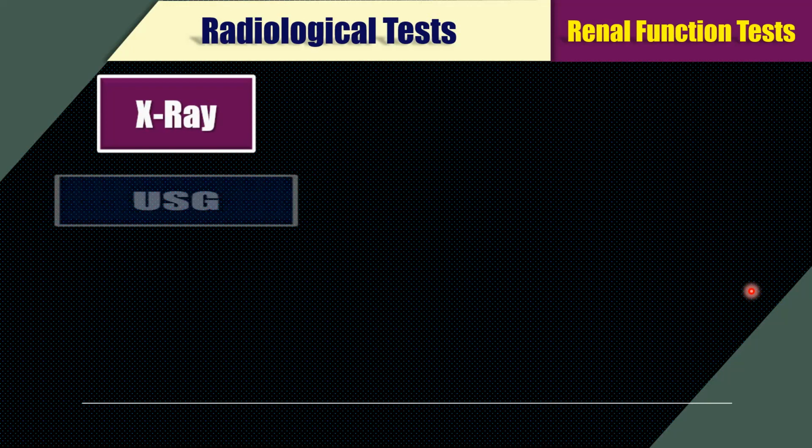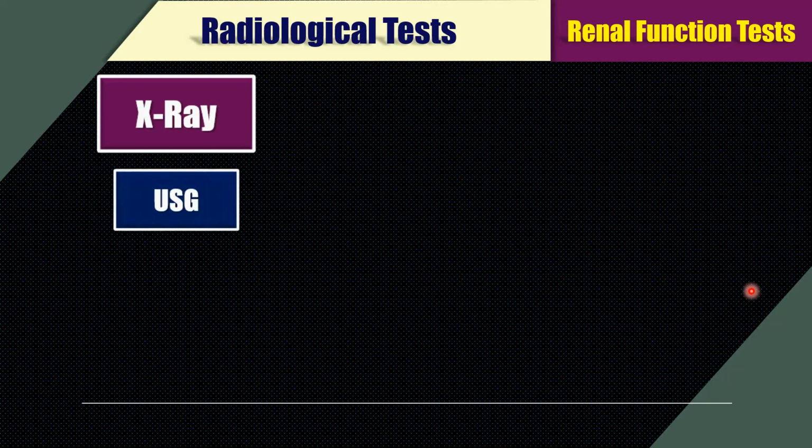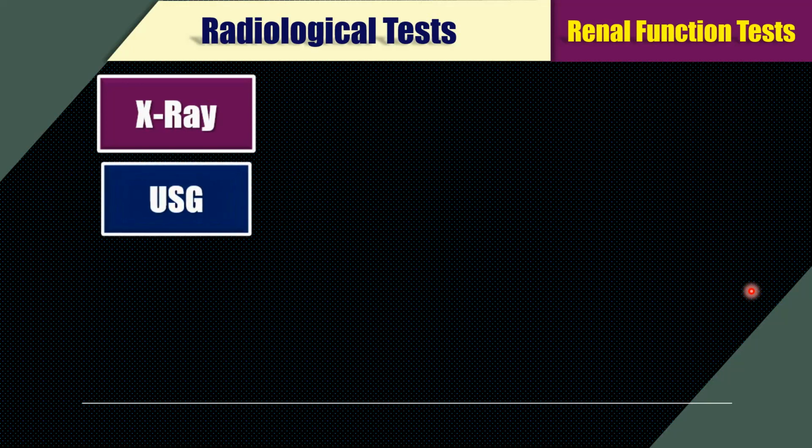The next most useful imaging technique is USG, ultrasound or ultrasonography, which is a safe and non-invasive technique which detects the size of the kidneys, whether it is enlarged as in hydronephrosis or sometimes shrunken. We could also study obstructions in the bladder, in the ureter and sometimes in the pelvis of the kidney due to various stones.